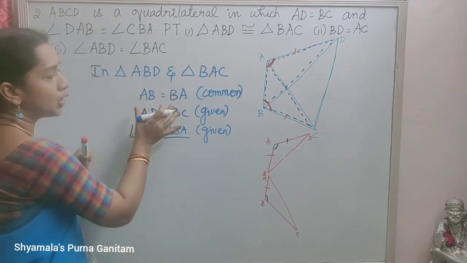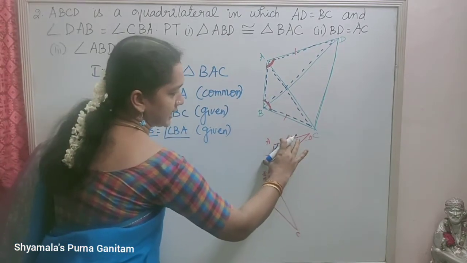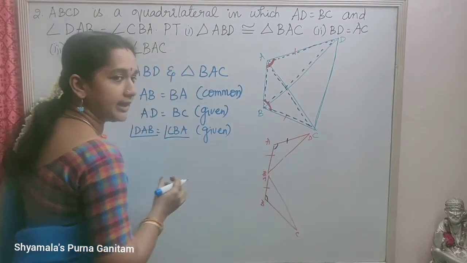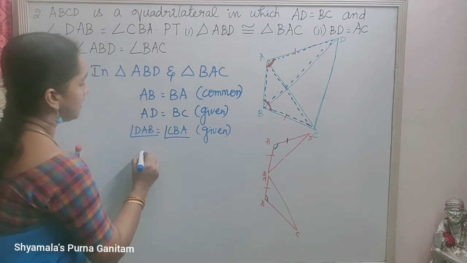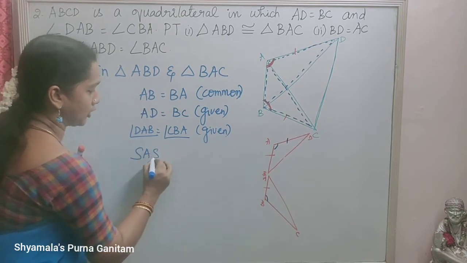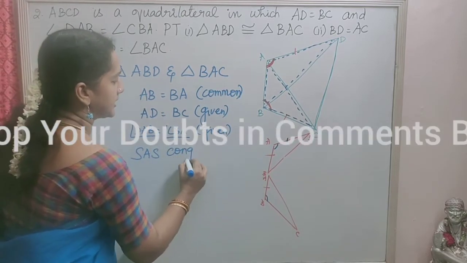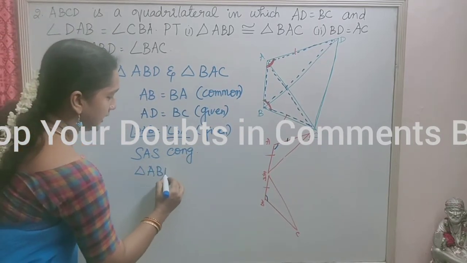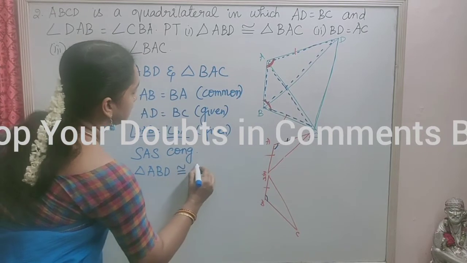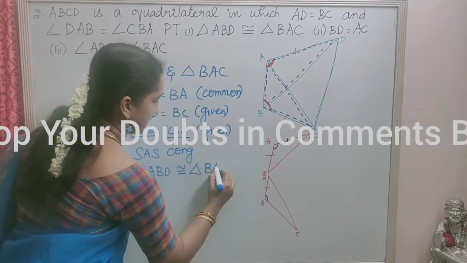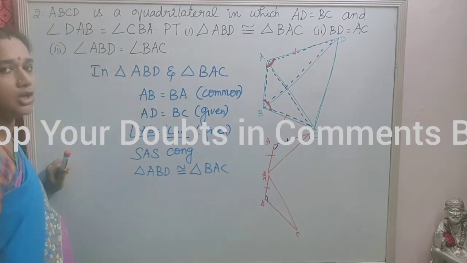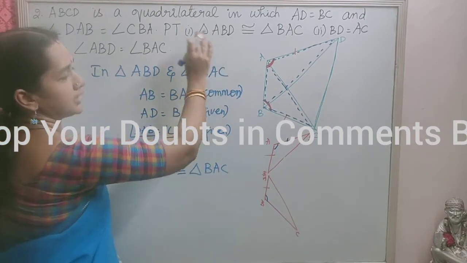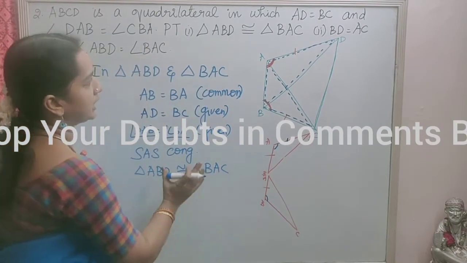See these two sides, and this is called the included angle. So by SAS congruence, triangle ABD is congruent to triangle BAC. So these two triangles are congruent. This is the first thing they asked you to prove, so that we have proved.